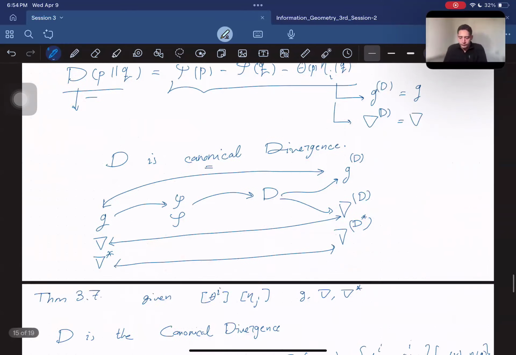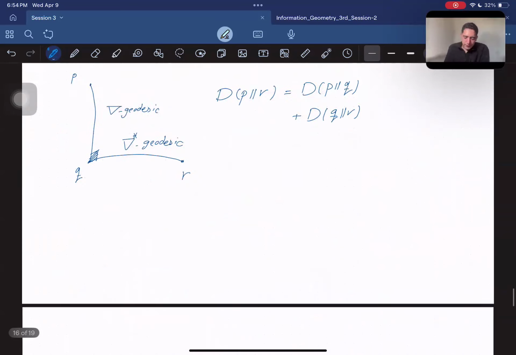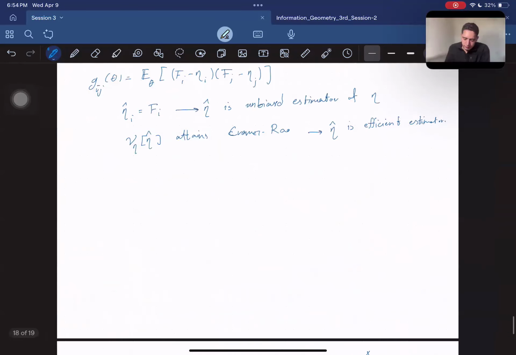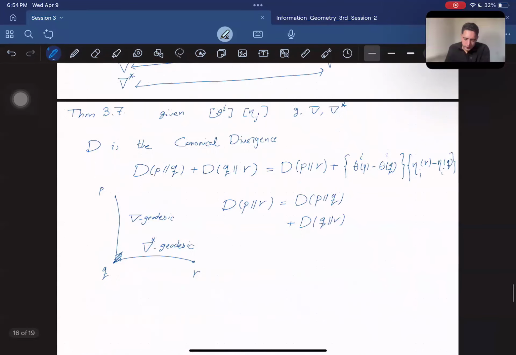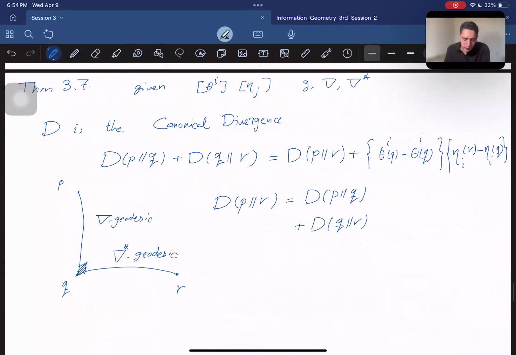Okay. With this being said, actually, I can go over the last two in the next session, but we have the very last thing to say. So Pythagorean theorem also holds.